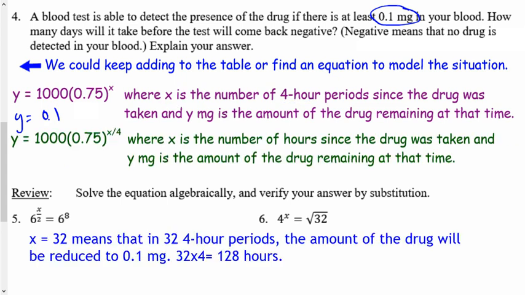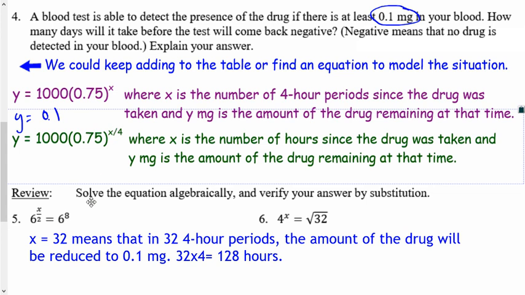Here's the second equation in green. Now this one isn't as intuitive, not as easy for us to create because we have a fraction in the exponent, x divided by 4. So here this is saying x is the number of hours since the drug was taken.